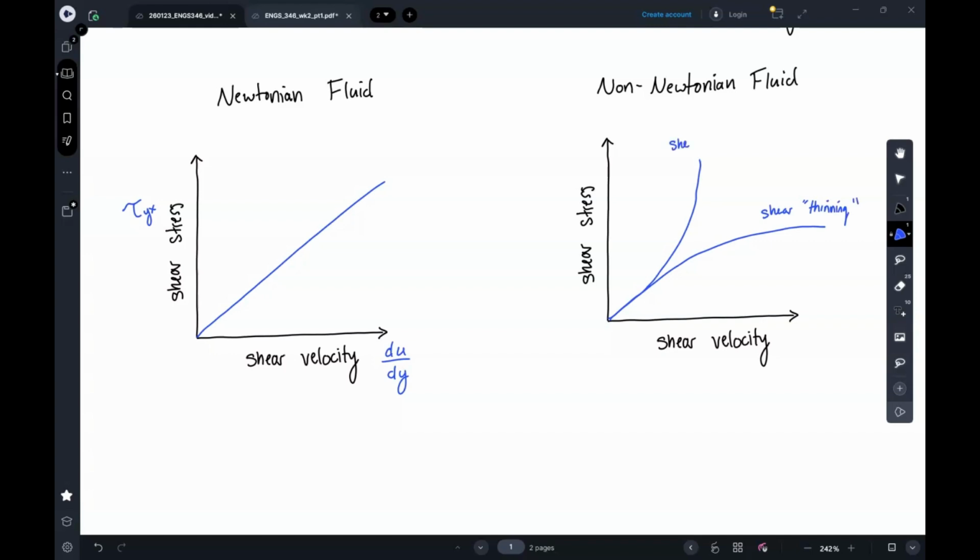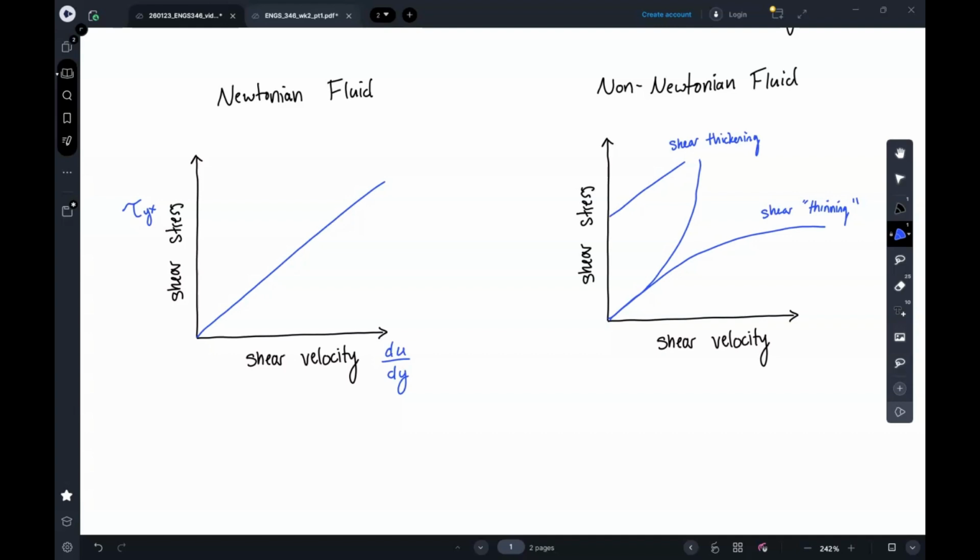This is shear thickening, where the fluid appears to get thicker as we try to move that top plate faster. There are other things too. You can get fun things that need some non-zero shear stress to get going, and a whole bunch more.